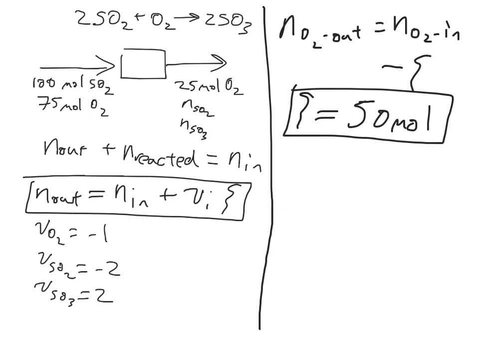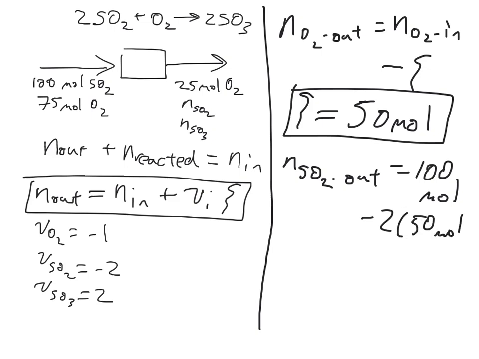And now the good thing is I can find out how much is leaving our system. N SO2 out is equal to 100 moles coming in, plus -2 times 50 moles, so N SO2 out is equal to 0 moles.